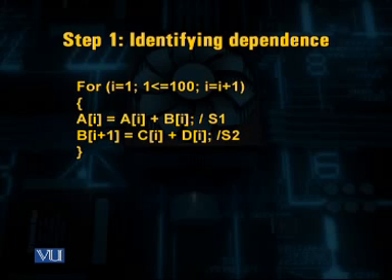As a second step to determine parallelism, note that a loop is said to be parallel if it can be written without a cycle in the dependence.